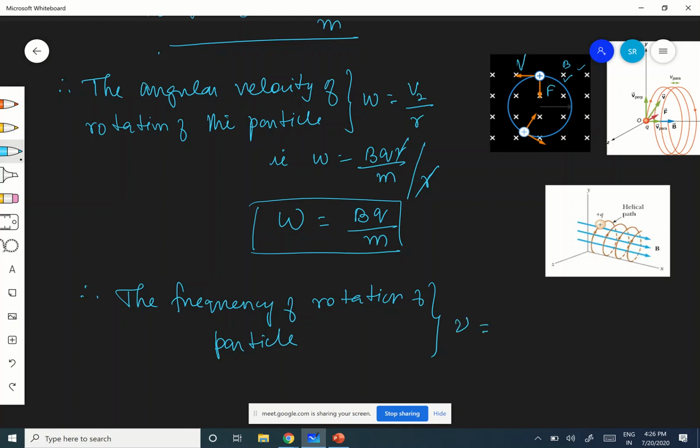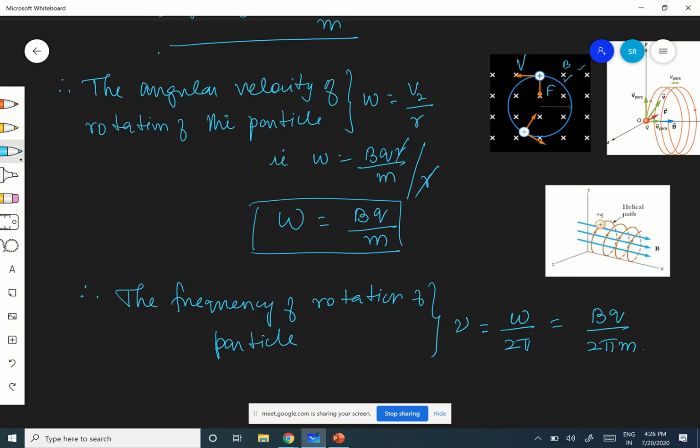Therefore, the frequency, I have an idea about omega. You know omega is equal to 2 pi nu, right? Therefore, what is nu? Nu is equal to omega divided by 2 pi. Okay, therefore that is equal to Bq by 2 pi m. Bq by 2 pi m.